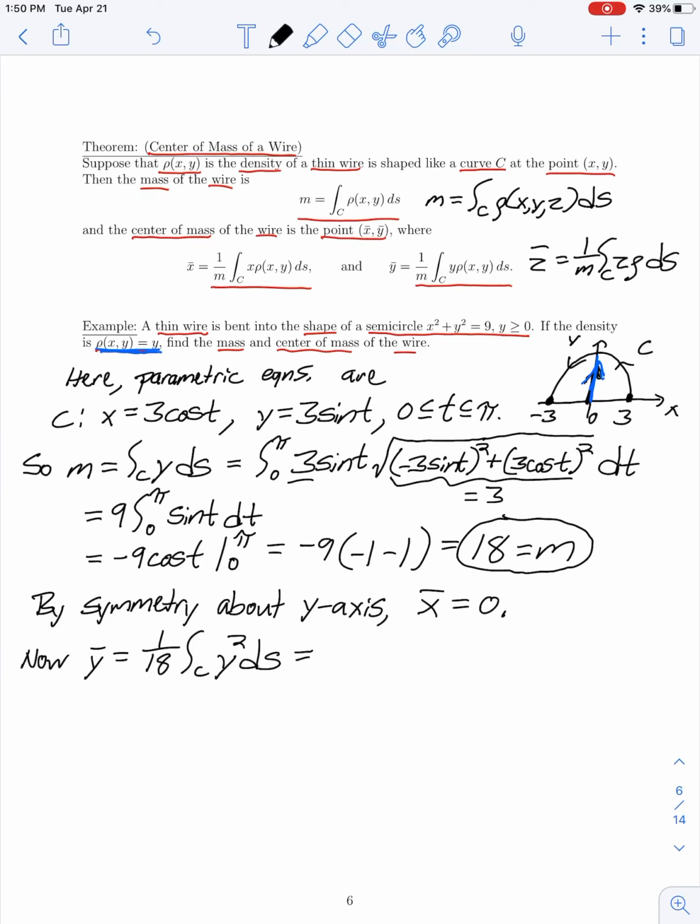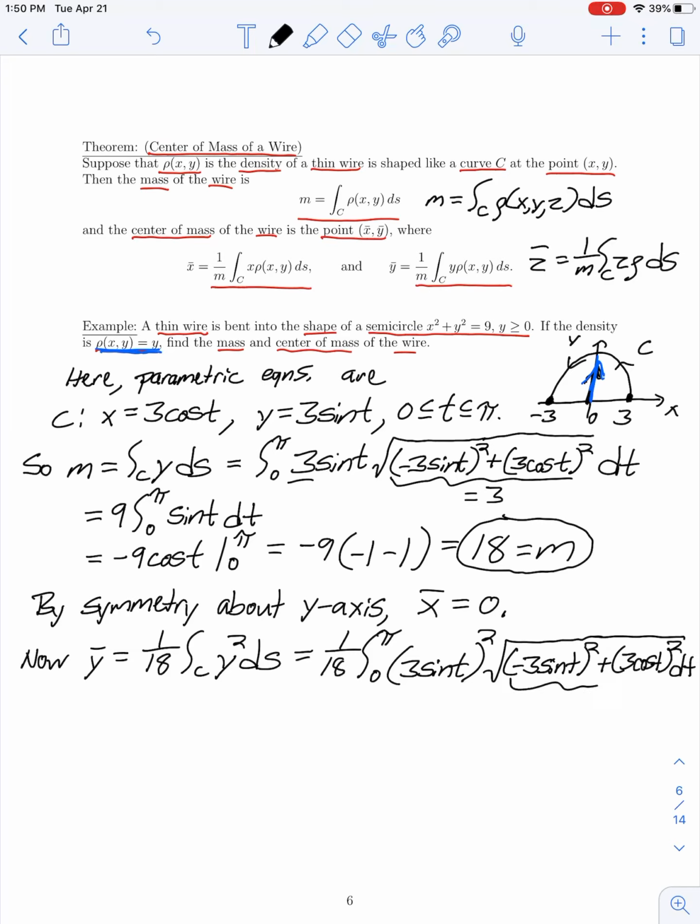So setting this up as an integral over the parameter t, we have 1 over 18 times the integral from 0 to pi of y, which was 3 sine of t, quantity squared, times the differential of arc length, which is, again, the square root of negative 3 sine t squared plus 3 cosine t squared dt.